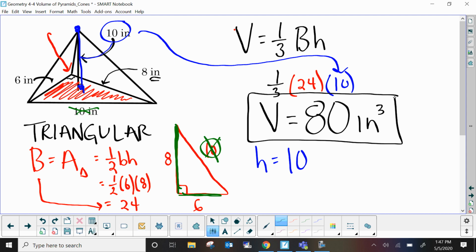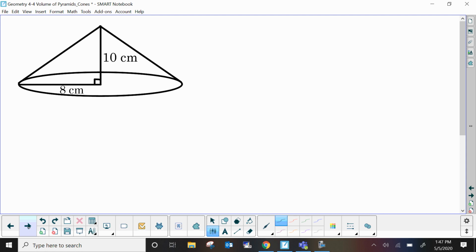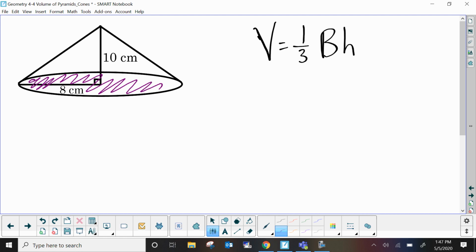All right, let's try one more. Let's try this cone. All right, so the volume of a cone is 1/3 capital B H, where the capital B stands for the area of the base. Well, in this example, this base is a circle.